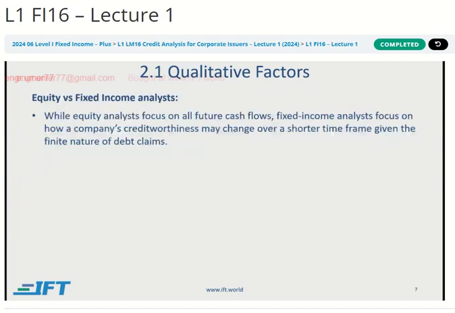Now, what type of analysis is done by analysts that are looking for undervalued stocks, or overvalued stocks to short sell, and how is that different from analysts that are looking for bonds to invest in? Stocks, or equity, don't have an expiration date, right? Common equity is forever, it's infinity.